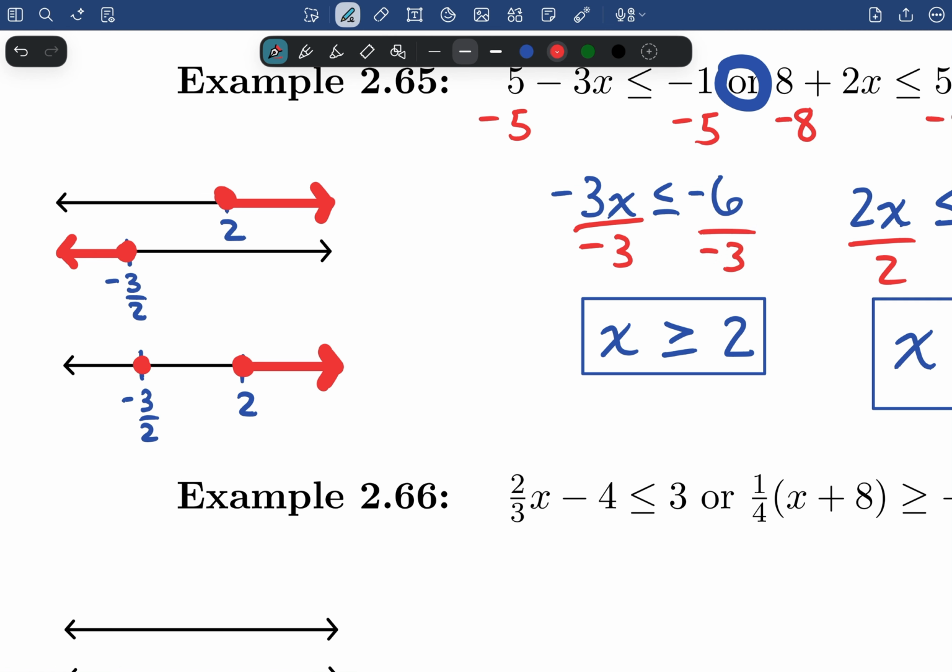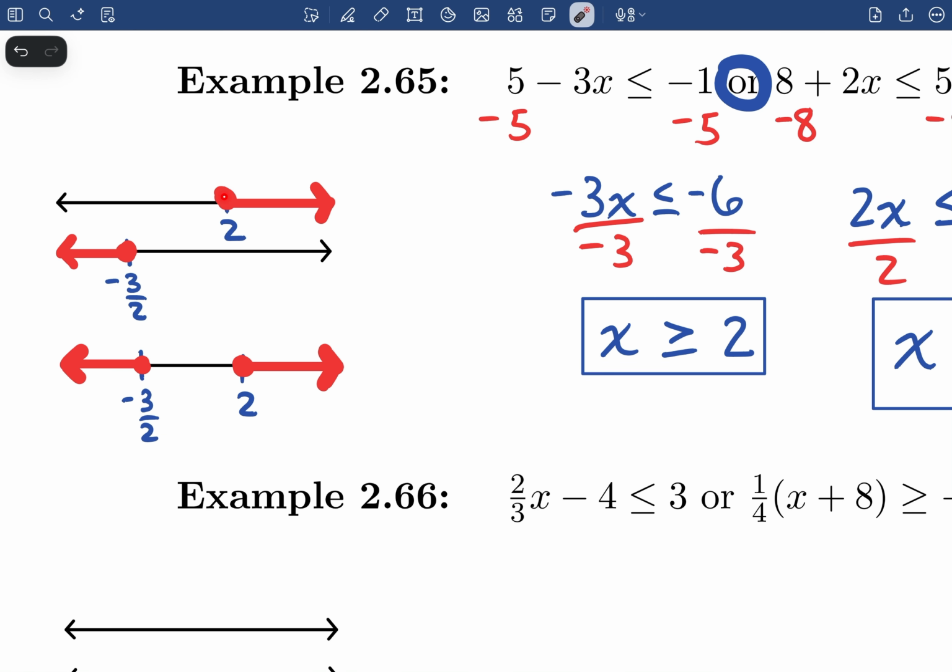And I had a shaded region from -3/2 going left forever. Right? And so all I'm doing is I'm dropping down my shaded regions for the first solution and the second solution, and this becomes my new solution set for the compound inequality with OR.